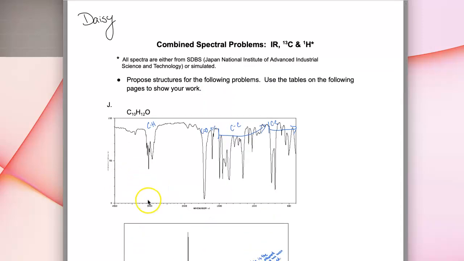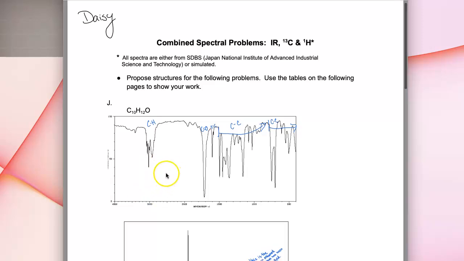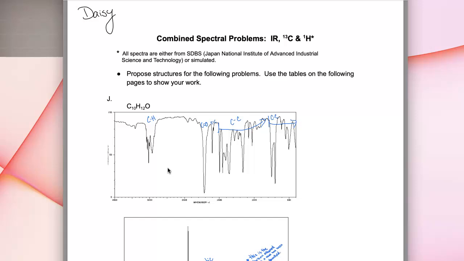So first we're going to look at our IR spectra, which first we can determine which bonds are in our substance that we don't know. So if we look at the 3000 wavelength number, here is our CH range.